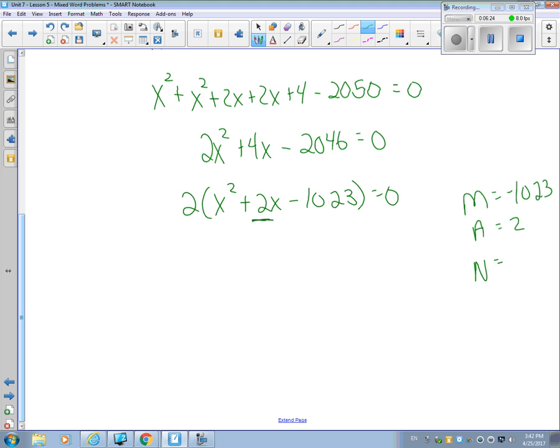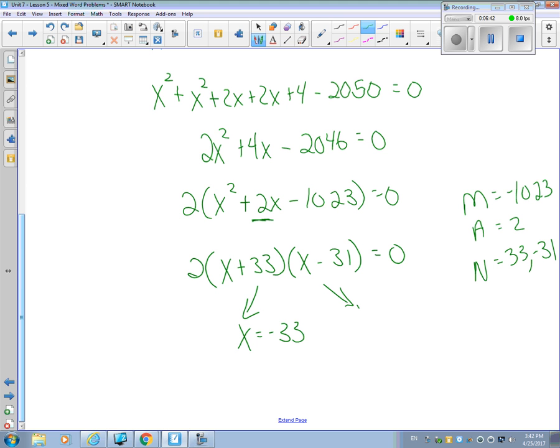So if I keep trying, turns out that 33 and negative 31 are my integers. So I can write them in as x plus 33, x minus 31 is 0. Now my zeros, my solutions, are negative 33 and positive 31.